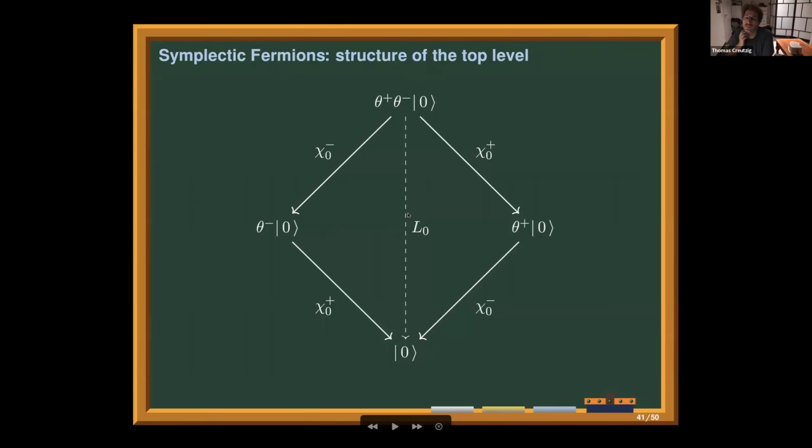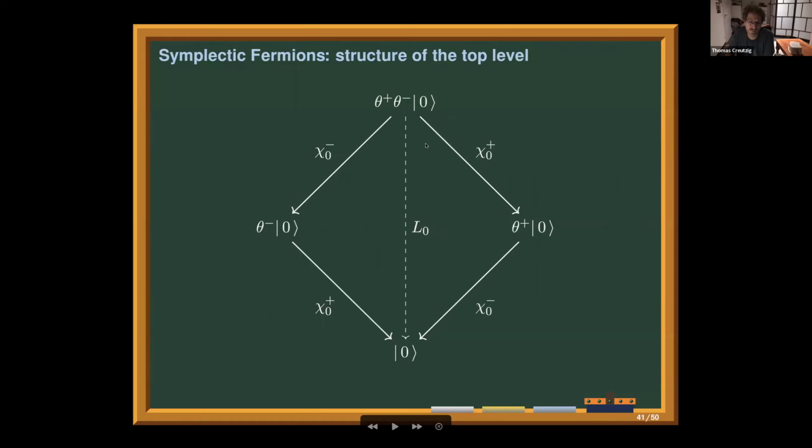That one has Jordan blocks, that the conformal weight is generalized, is in fact the reason for having logarithmic singularities in the correlation functions.